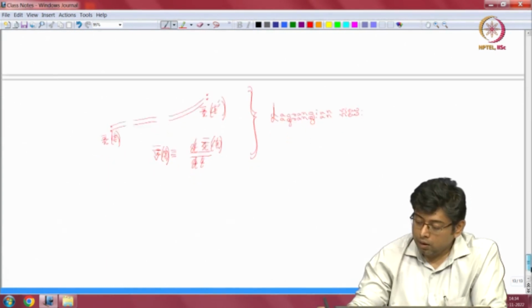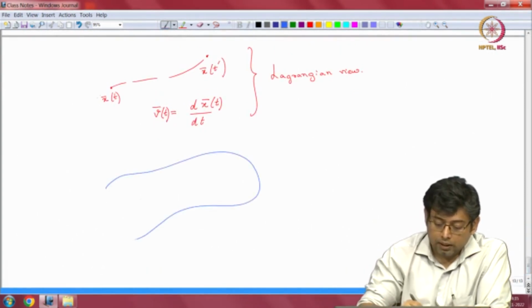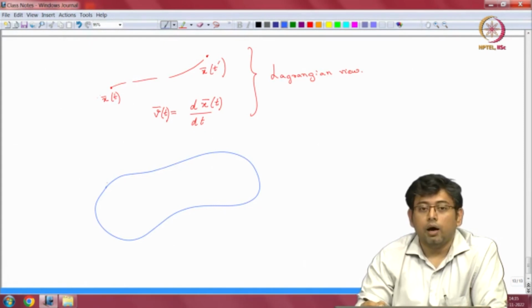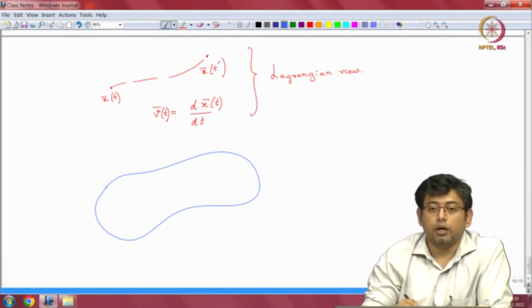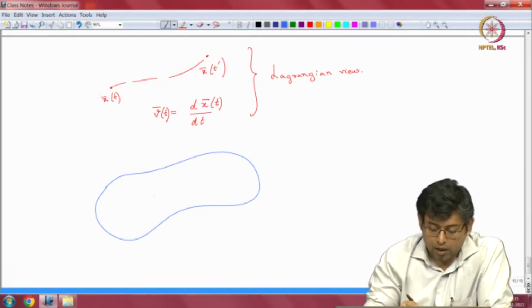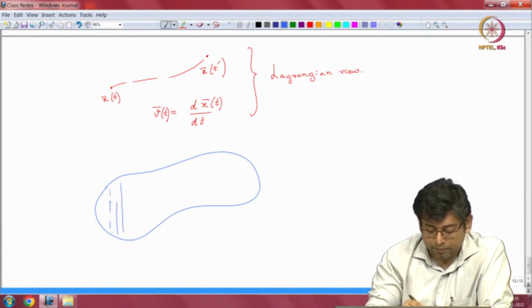In a continuous body, as it deforms, let us say this is a continuous body. Now, let us say you want to look at the temperature of this body as a function of time and space. Another thing we could do is break this entire thing up into grids.